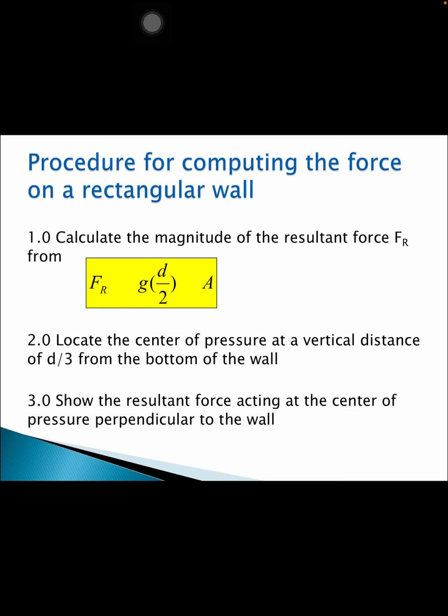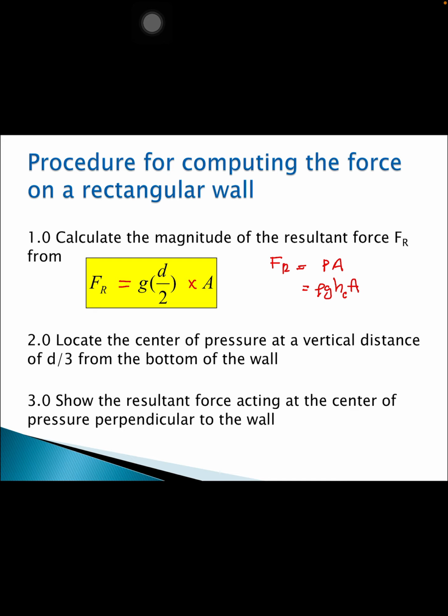Okay, so this is your procedure for how to calculate the force on the rectangular wall. First, you have to calculate FR. FR is equal to PA, so rho g h A. But for this case we will use h centroid.